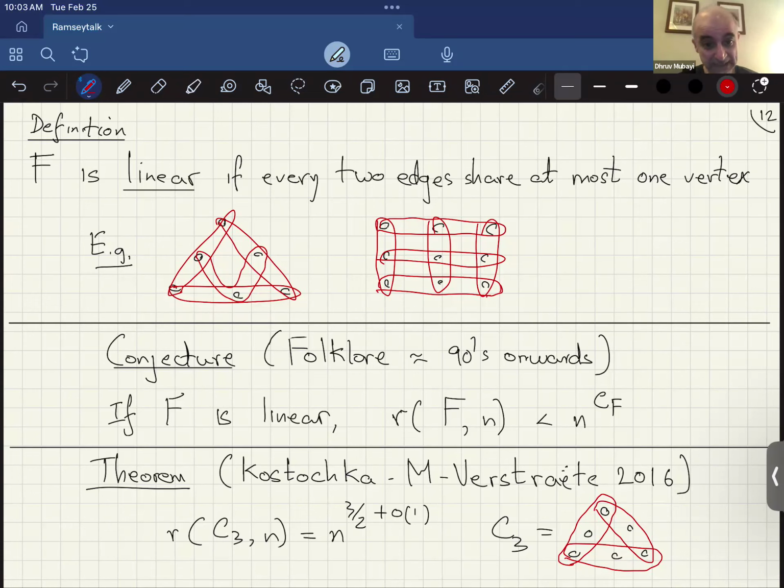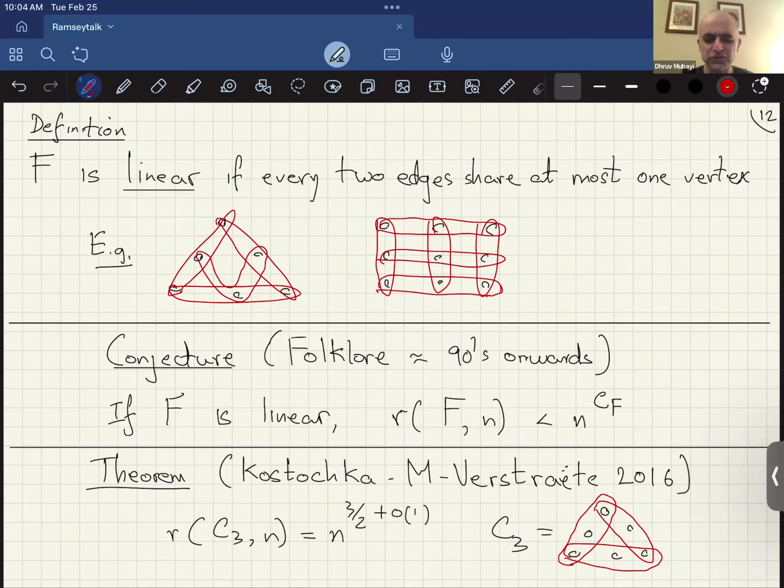If you think about this tournament construction, no idea like that tournament construction would work to forbid a linear hypergraph, because the pairs are different for every edge, so they don't interact with each other. This was the main reason why we thought that linear hypergraphs should have a polynomial Ramsey number. Now I showed an example here of a linear hypergraph, a loose triangle, where we actually determined the Ramsey number, n to the 3/2. It's not difficult to show that this specific one is polynomial.